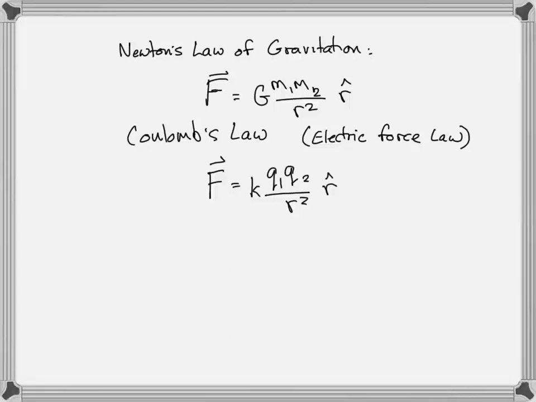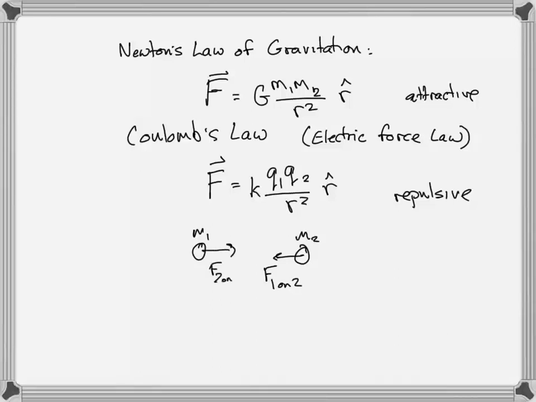Now we've got to be careful because Newton's law is an attractive force in the radial direction, and Coulomb's law is a repulsive force in the radial direction. In other words, two masses, m1 and m2, regardless of their charges, have a gravitational force such that m1 attracts m2, this is F1 on 2, it's radially towards, and m2 attracts m1, this is F2 on 1.